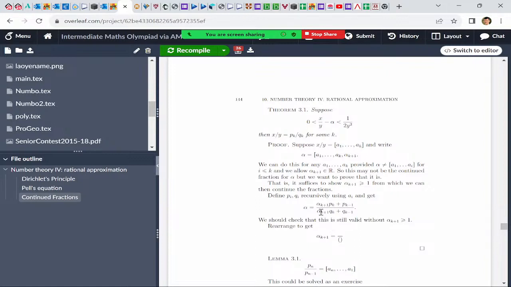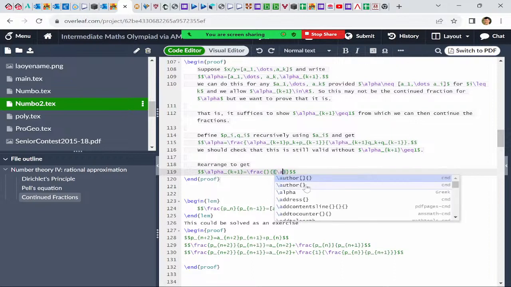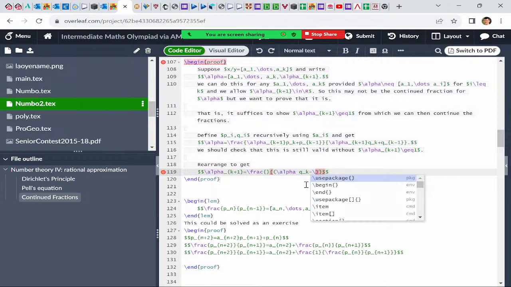Okay, so we're here. Make alpha k plus 1 the subject, okay? So the bottom is alpha q_k minus alpha p_k. Wait, what is it?